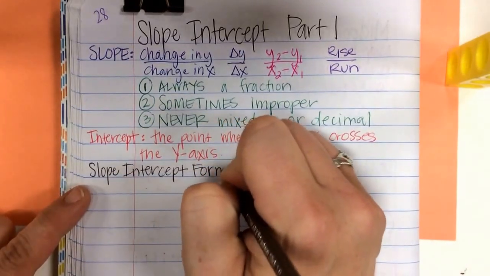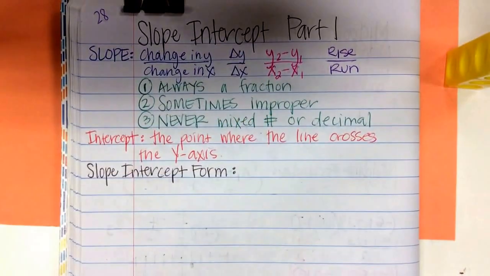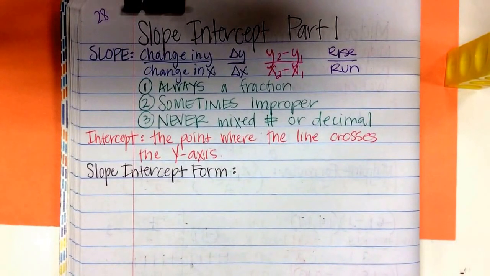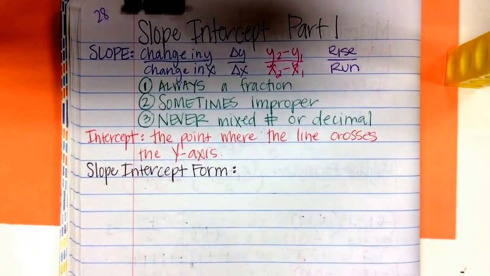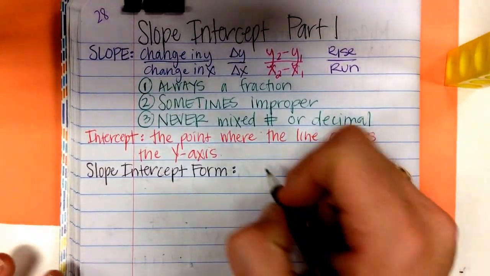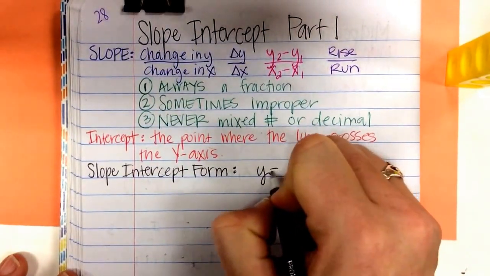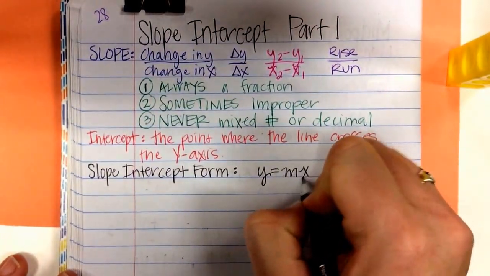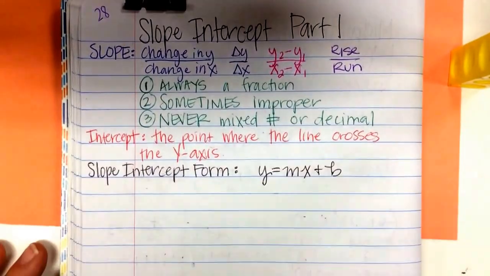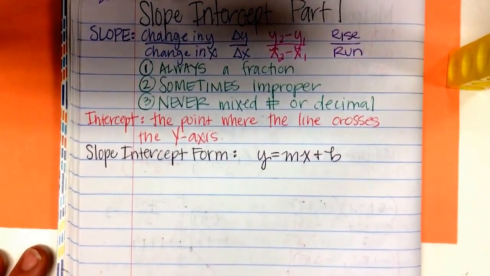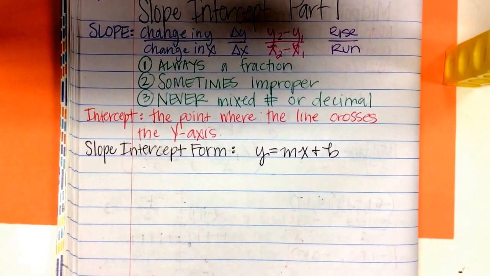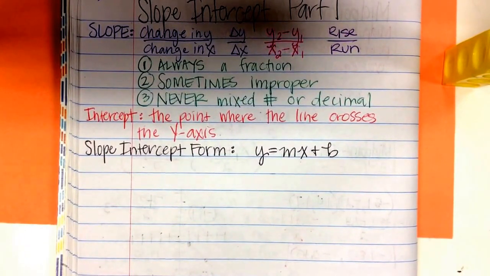Slope-intercept form. And of course, there's a formula. And this formula needs to be committed to memory, never again to be forgotten. And the form is y equals mx plus b.